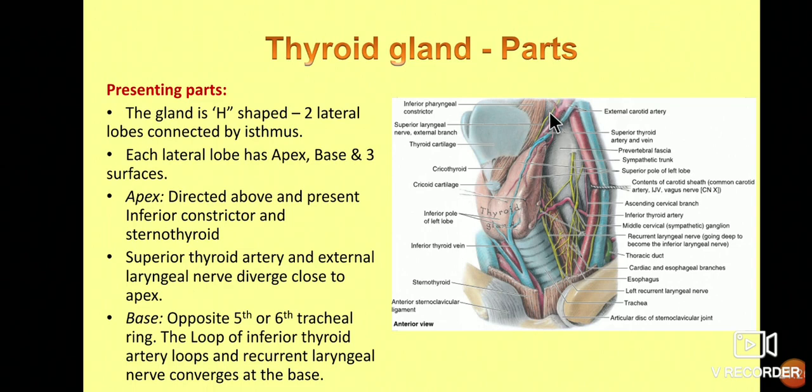Here the artery and nerve actually separate near the gland, but here they are in close contact. They approximate or converge with each other. The recurrent laryngeal nerve which you are seeing in the tracheoesophageal groove, and this is the inferior thyroid artery.